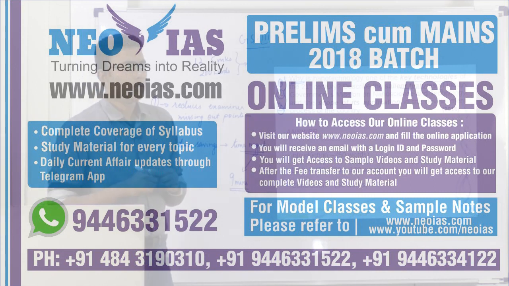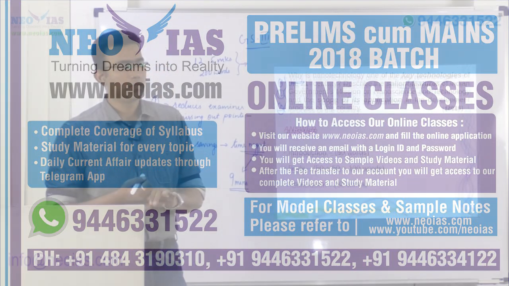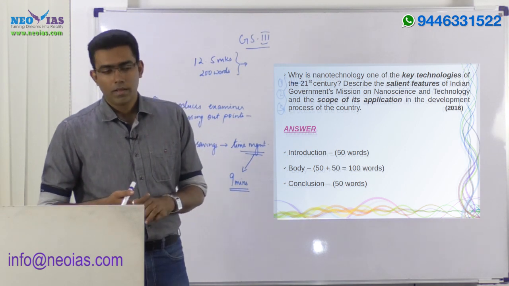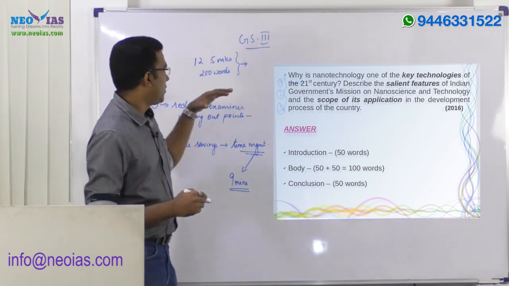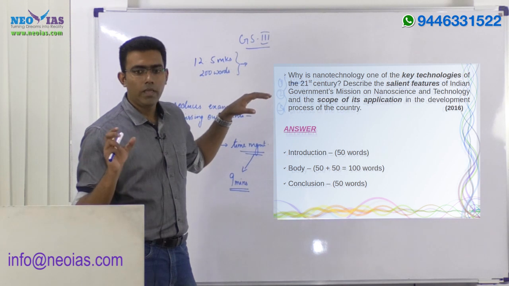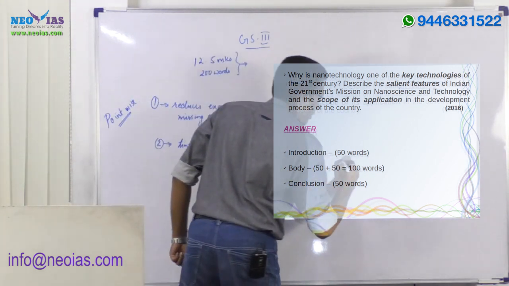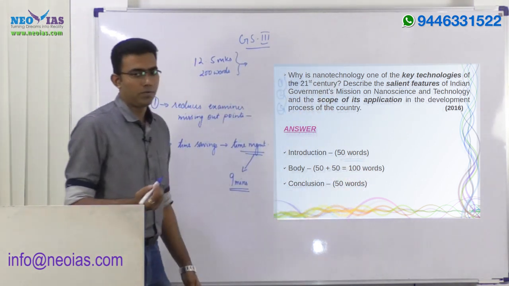Now here, ideally an answer would have 3 parts. One is the introduction, the second one is the body, and the third part is the conclusion, right? So in 200 words you need to equally focus upon all these aspects. That is, the introduction you may give up to 50 words.